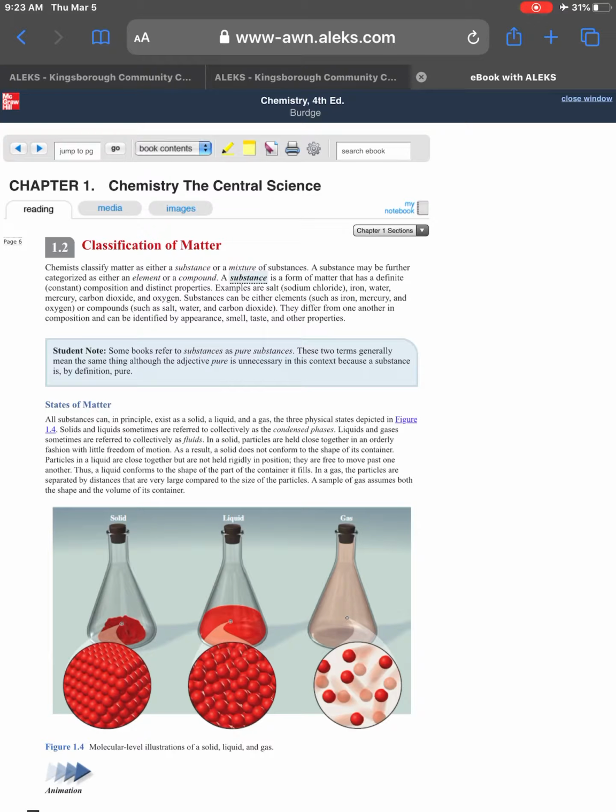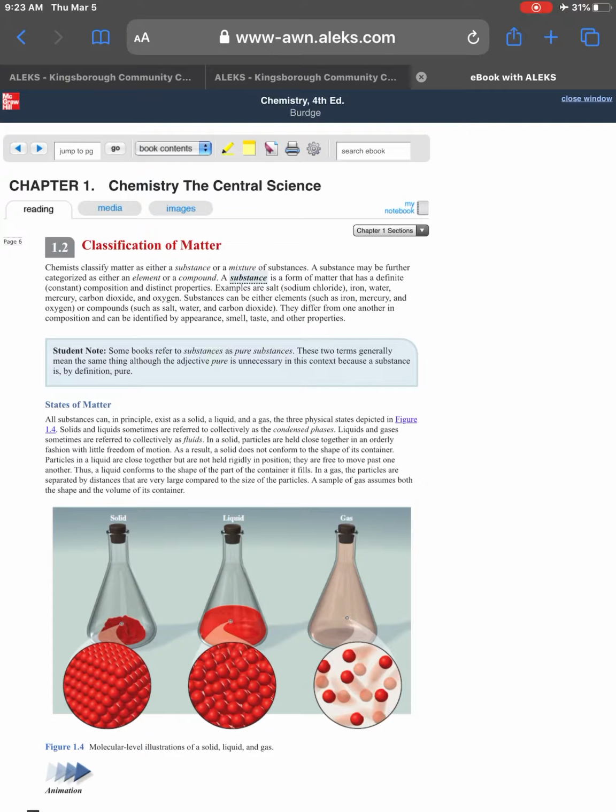So in nature, there are around 92 elements, and you're familiar with some of them. You're familiar with hydrogen, you're familiar with oxygen, you're familiar with nitrogen, maybe gold. Those are called elements, and elements are examples of substances.